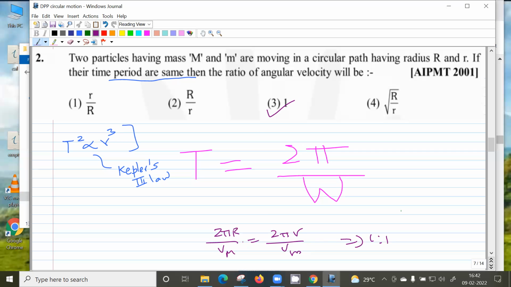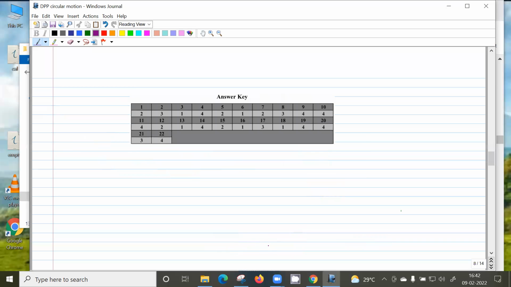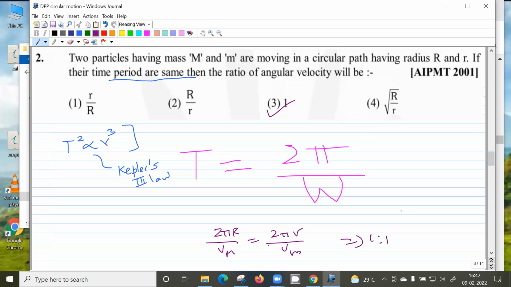The periods are the same. Period is the circumference divided by the velocity: 2 pi r by Vm and this 2 pi r by Vm. These two are equal. That means Vm by r is the same as Vm by r, and V by r is omega. So omega of both the things are equal. So it is option 3.